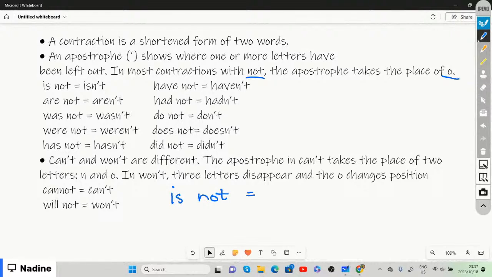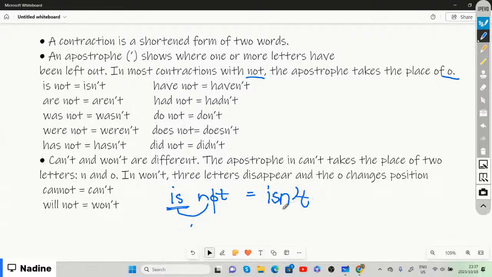So remember, we said that it is a shortened form of the two words. So these two words are going to become one word, but we are also going to add our apostrophe. And remember, we always said that the first word stays the same, right? We're going to put our N. Remember, we said that we are leaving out the O, and in the place of the O, we put the apostrophe and the T. Yes, so isn't is correct.